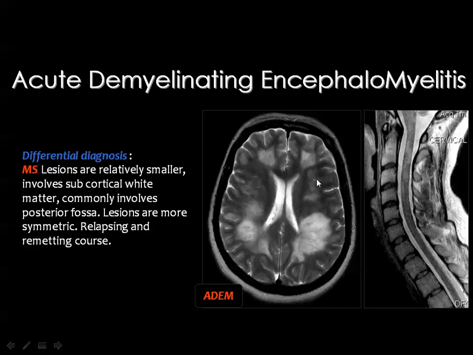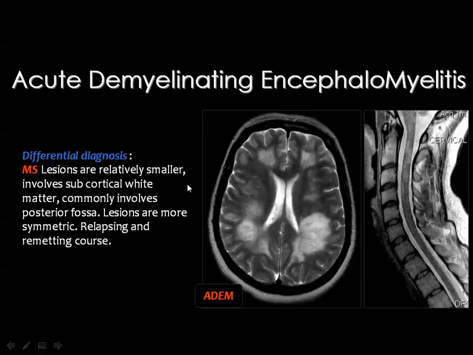This lesion, in many cases, simulates multiple sclerosis, being located in the white matter and showing most of the criteria of MS. But you know that MS is a multiphasic disease, while acute demyelinating encephalomyelitis is a well-known monophasic disease.